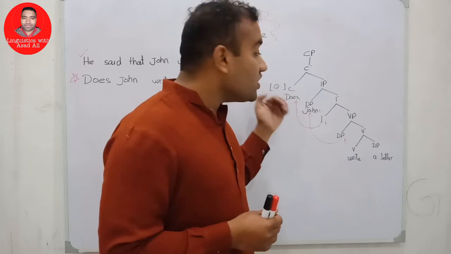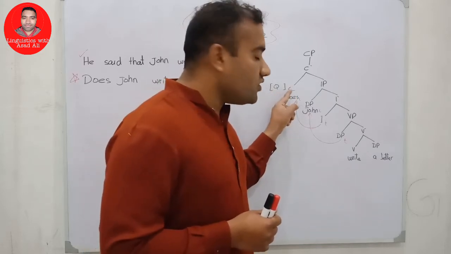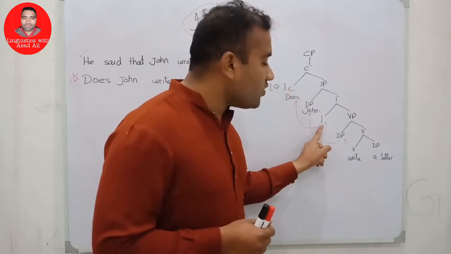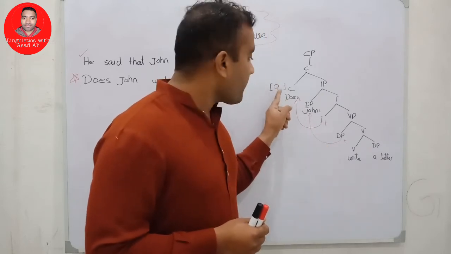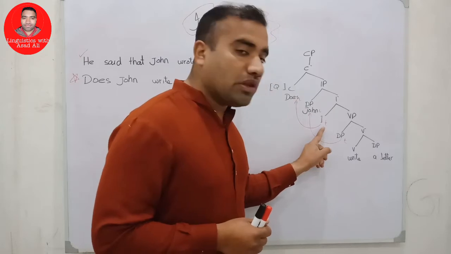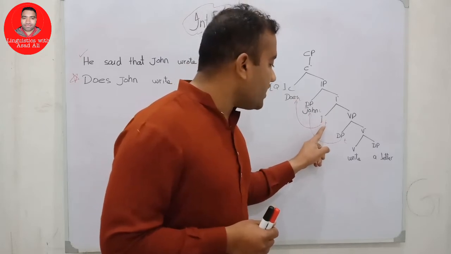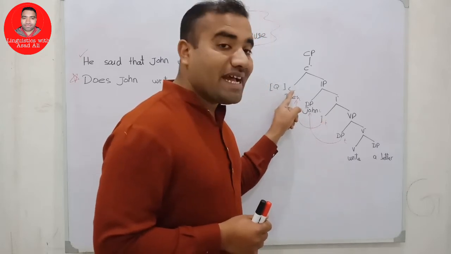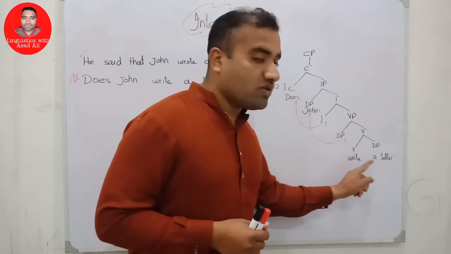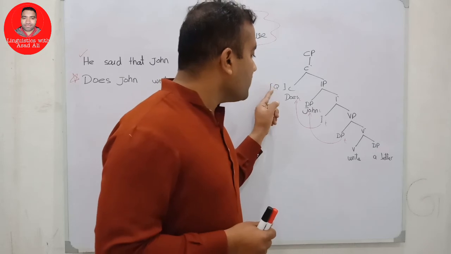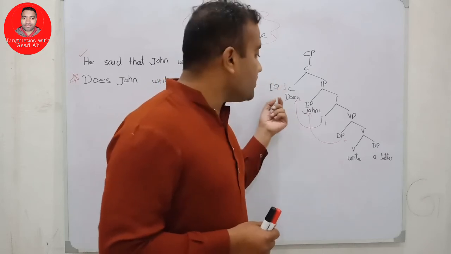This possesses the force, and this is also a head, a strong head, and this strong head triggers the lower head and takes it to its head position, and in this way we can generate the interrogative sentences, because this C possesses the Q feature.